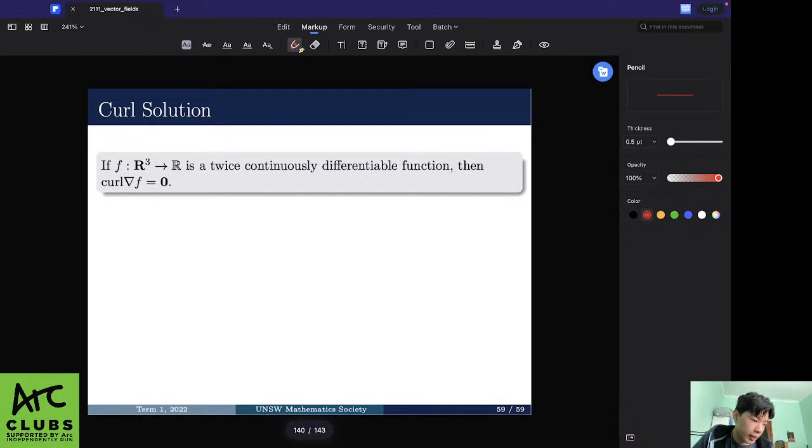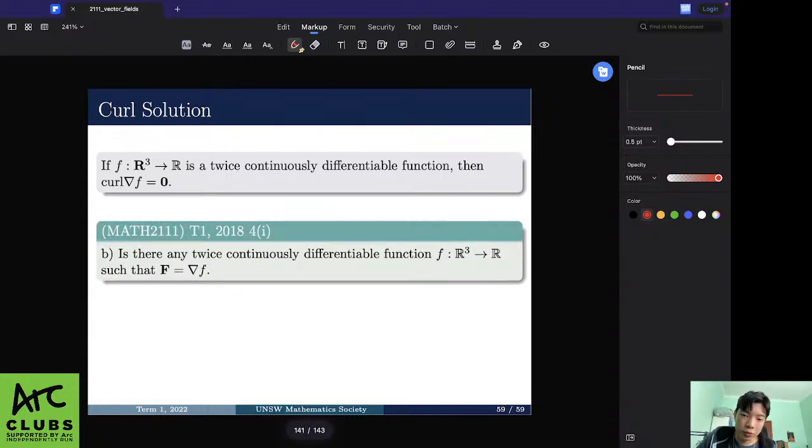Now, a good fact to note is that if f is twice continuously differentiable, then the curl of grad f is going to be equal to the zero vector. And why is that important? Because sometimes they ask this question, which is essentially, if we let capital F, which is the vector field, be equal to the grad of some function f, is there any way that f is twice continuously differentiable?